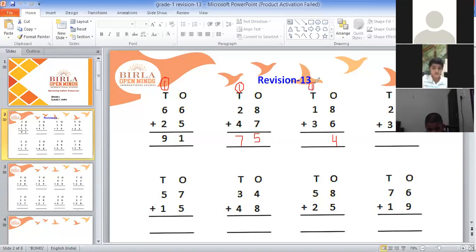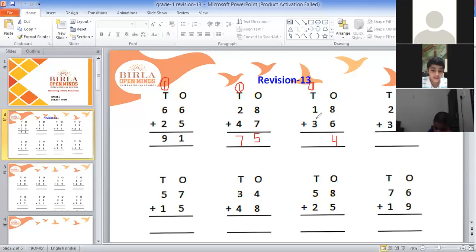Okay. So Siddharth, now tell me how many numbers are there in tens place? 2 or 3? No, 3 numbers are there. See here, we wrote this one as carry over also, no? So how many numbers are there? 3. Yeah.